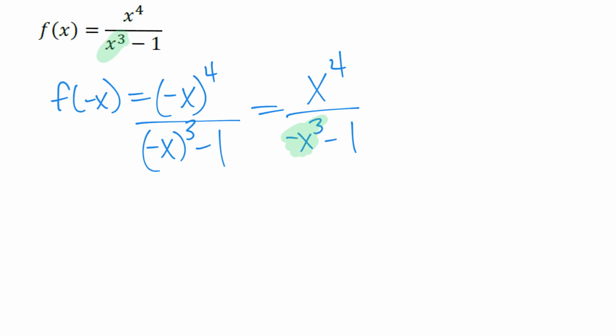Okay, so we know for a fact that it's not even, but how can we know whether it is odd or neither? Okay, so a single term can be odd, but does this sign change right here affect the sign of the entire term? And it doesn't. It only affects the sign of what's in green, which means that this is neither.